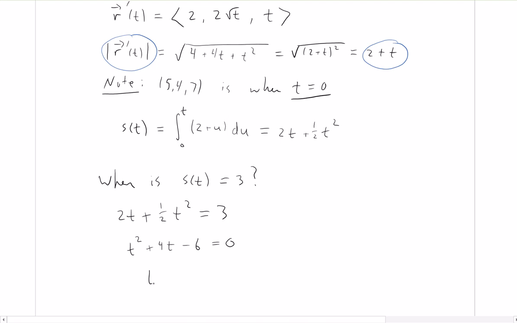And if we just use the quadratic formula, you'll find that t is negative 2 plus or minus the square root of 10. But if you think about it, we don't want the minus. We only want the plus, because we're only going to consider positive values of t.